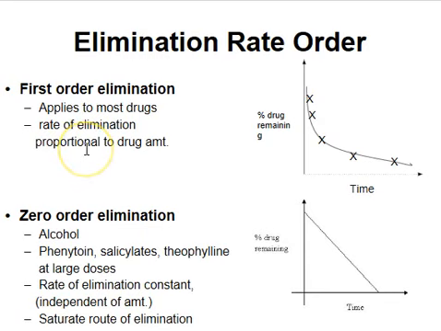Remember, this is going back to the LADME components of the pharmacology curriculum, where we're essentially looking at how drugs are eliminated or excreted through the system. The majority of the drugs out there basically utilize first-order elimination, and graphically, this is what that looks like.